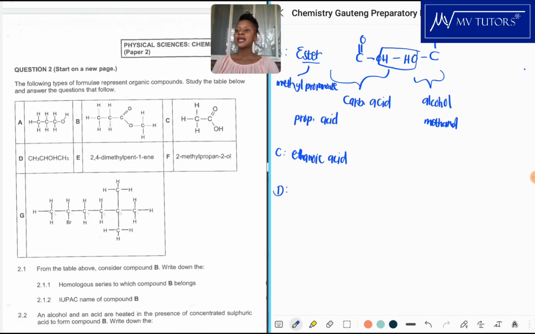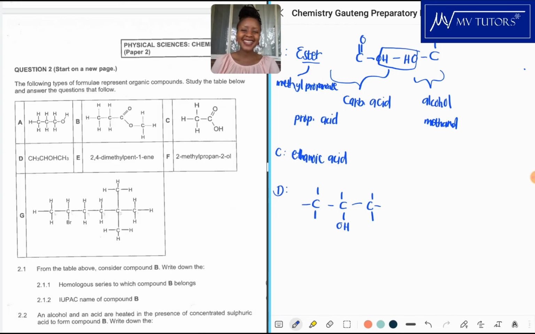And then D. When I have a structure like that, I want to put it in a structural formula. So I have CH3, then another C bonded to an OH group, and then bonded to another hydrogen. And then we have a carbon with 3 hydrogen atoms.